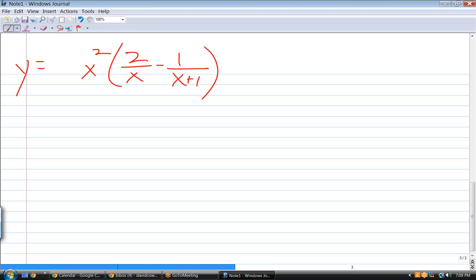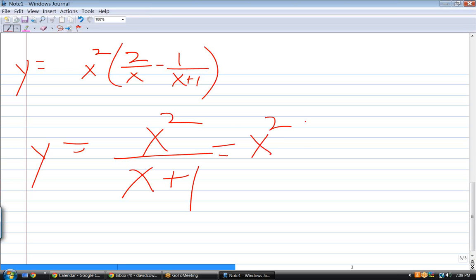Well, it doesn't say I have to use quotient rule specifically, because I don't know how I would. Would I distribute the x squared out? And also, just so you're aware, if I had something like this, I don't have to use the quotient rule on that either. In other words, I can write that as x squared times x plus 1 to the minus 1, and now I can use the product rule.